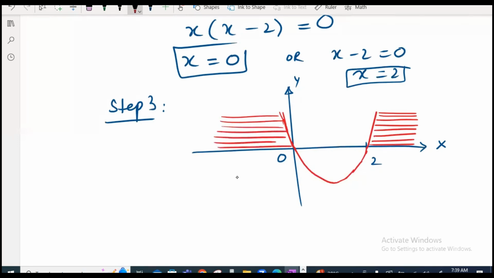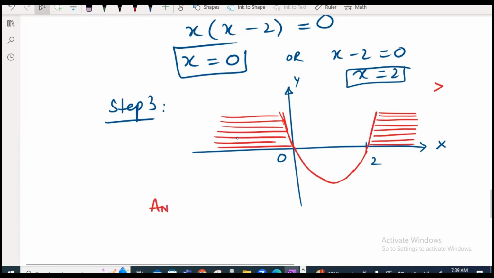Again, I'm going to repeat. When an inequality has a greater than sign, you have to shade the region above the x-axis and outside the curve. So find out the values for the shaded region. In this case, we can say x is less than 0.